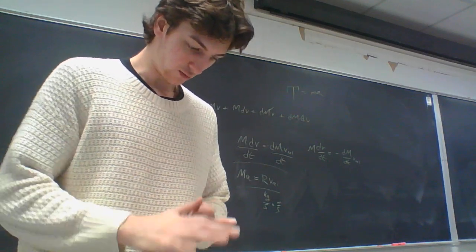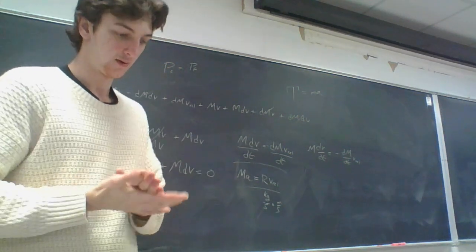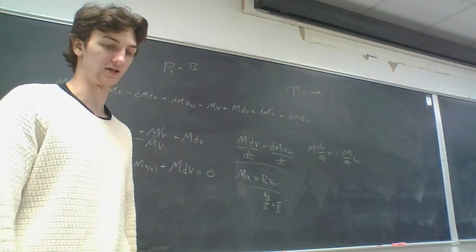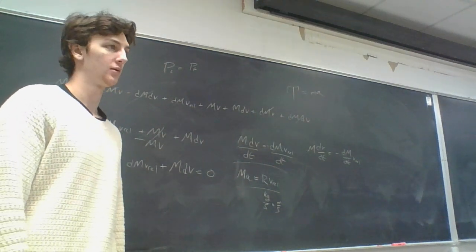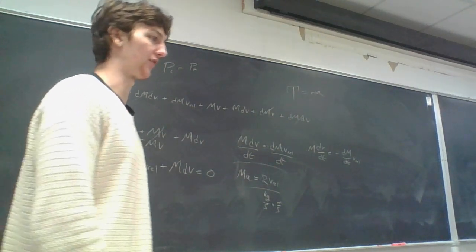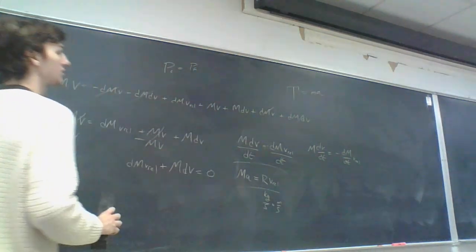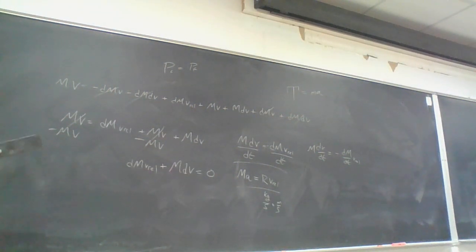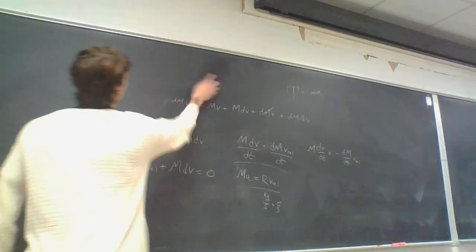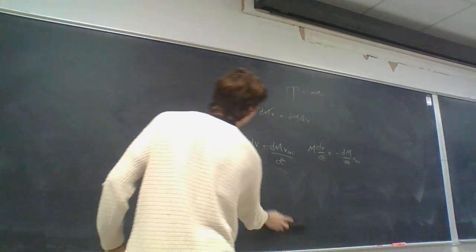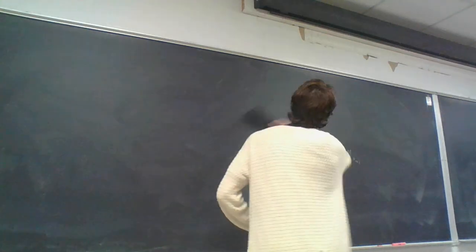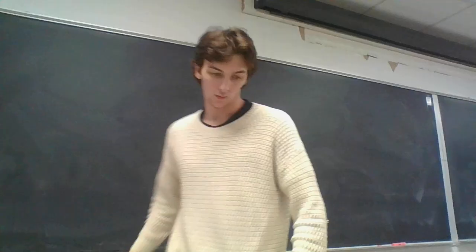And so now we want to find how the velocity of the rocket will change as it burns fuel. So that's the second rocket equation, and we should have just enough time to knock that out. Everybody cool if I erase this? So, let's see what that gets us. So we're going to start back at this equation.